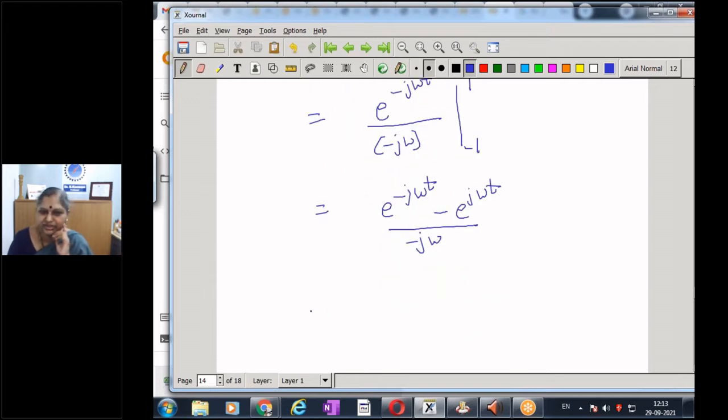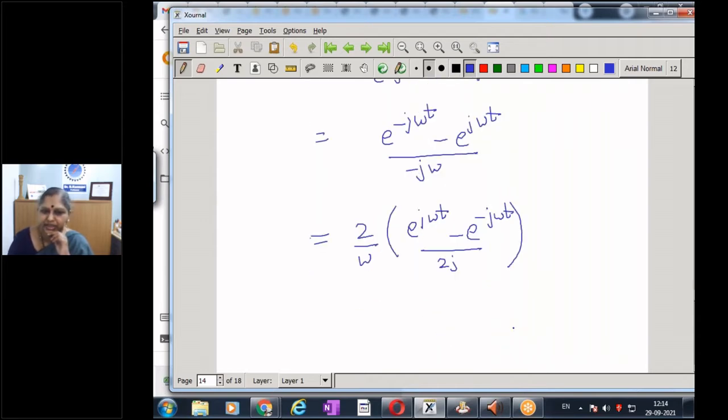And this I can change, I multiply and divide by 2, and then I can write it as 2 by omega times e to the power of j omega minus e power minus j omega divided by 2j. And this quantity is sine.